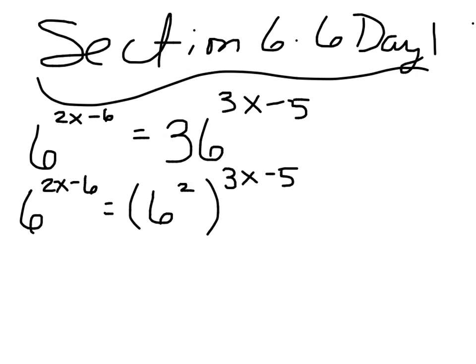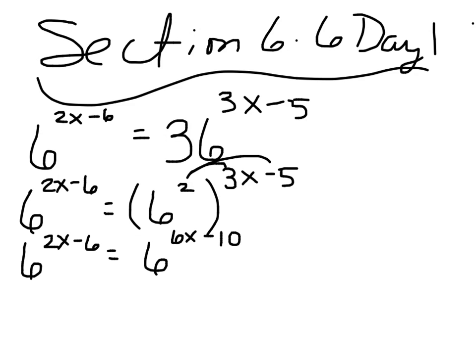Now, this is where some of you were messing up on your last test. You do not add the 2 in there. What do you do to it? Distribute it, or multiply it. Right. So that gets multiplied into each piece. So I got 6 to the 2x minus 6 equals 6 to the 6x minus 10.